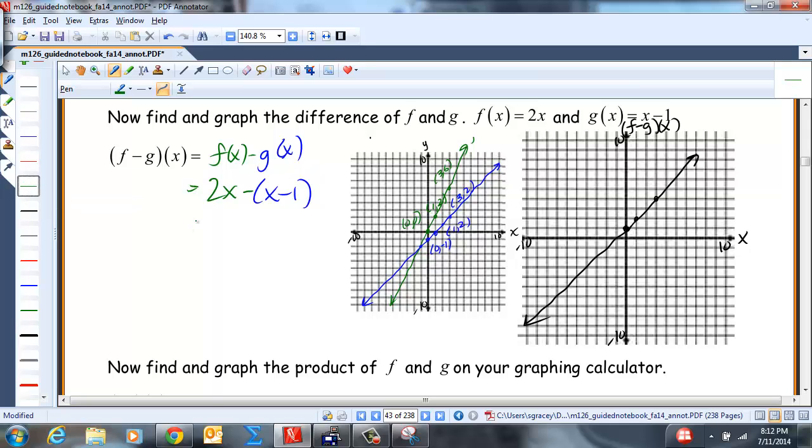So we'd have 2x minus x is x, negative negative 1 is plus 1. So f minus g at x yields these values. Let's check it out. So we had an intercept at 0, 1, that checks out, and a slope of 1, and that checks out. So we're good to go.